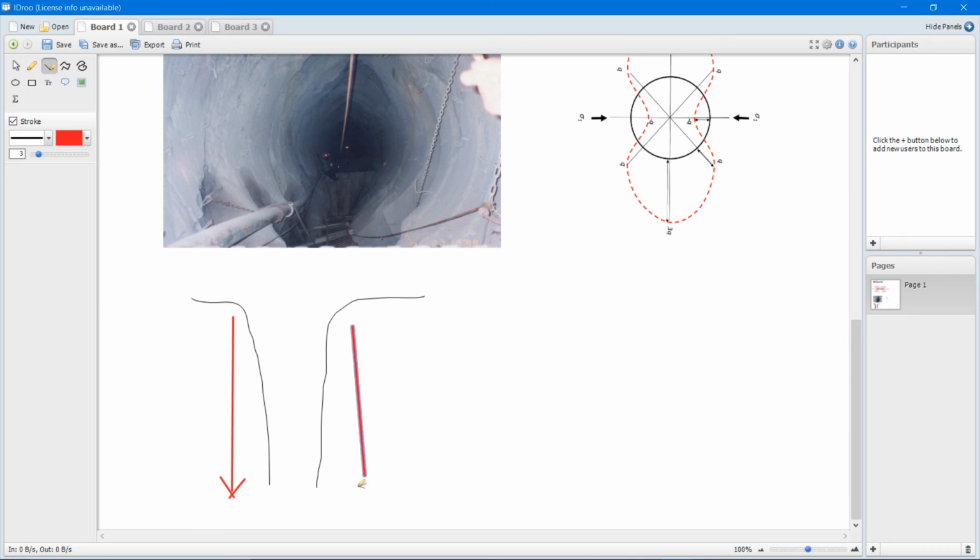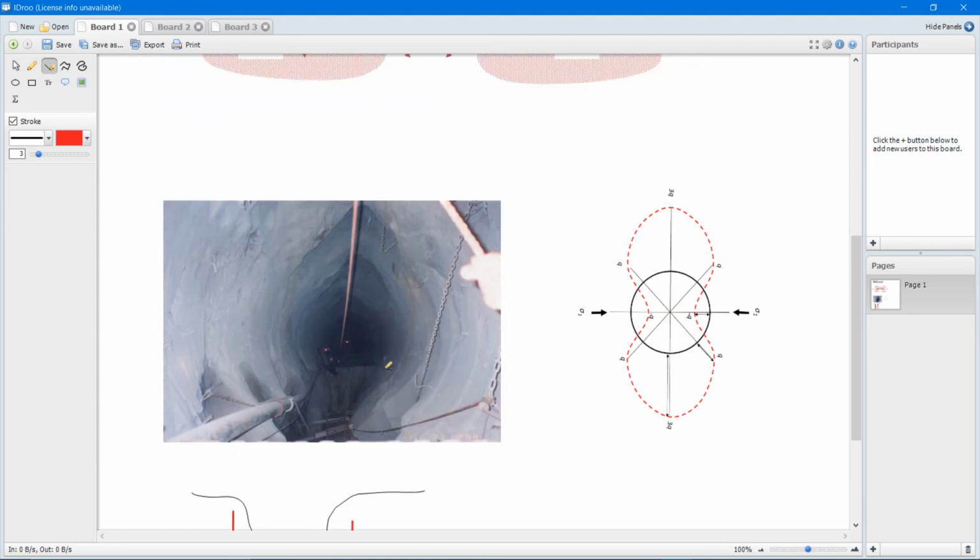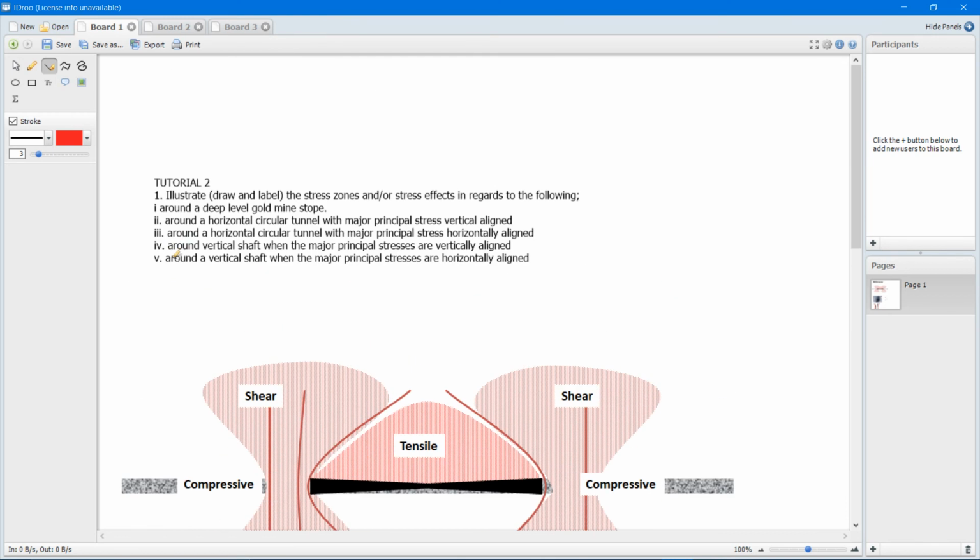That would be your vertically aligned stresses. So because they're acting parallel to the wall of your shaft, you won't experience deformation or any damaging on the shaft wall. So that would be how you would depict part 4 of the question.